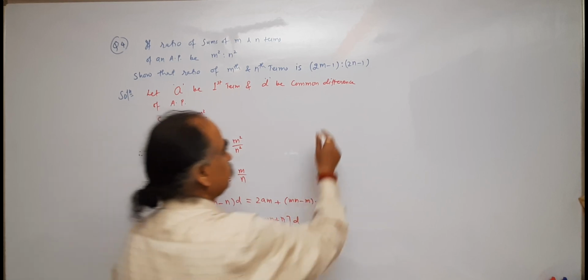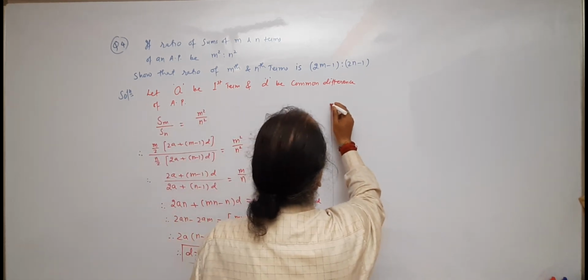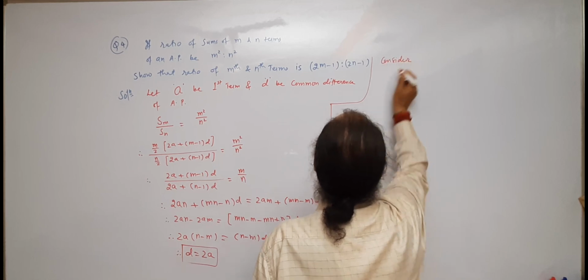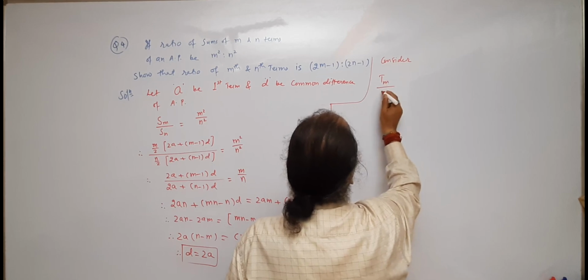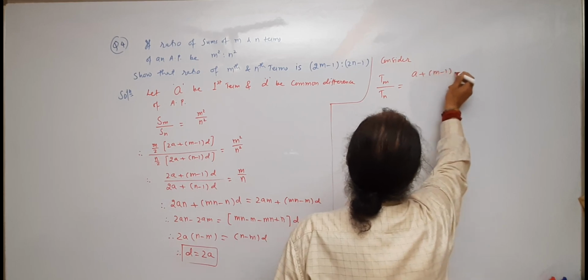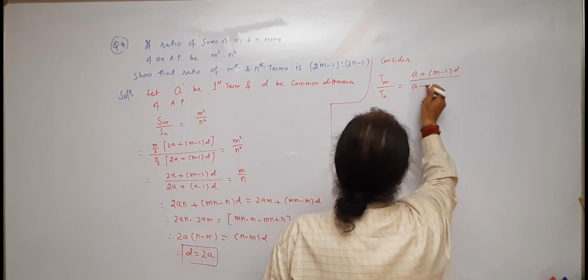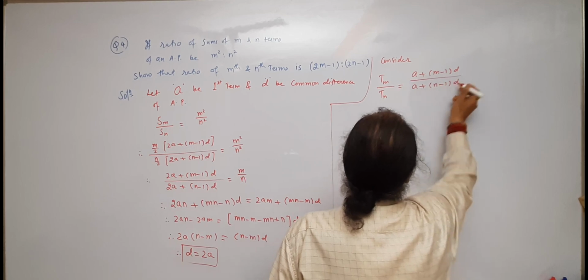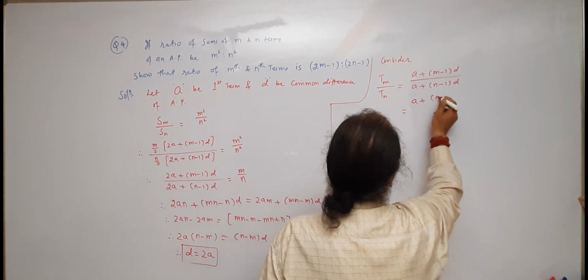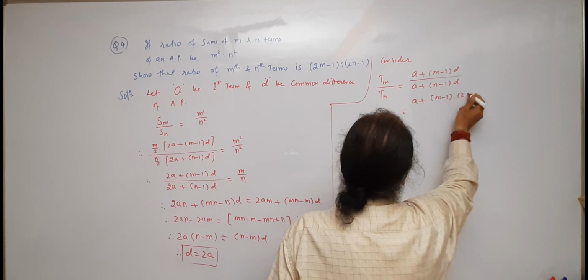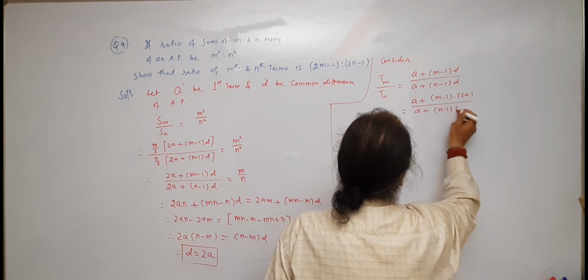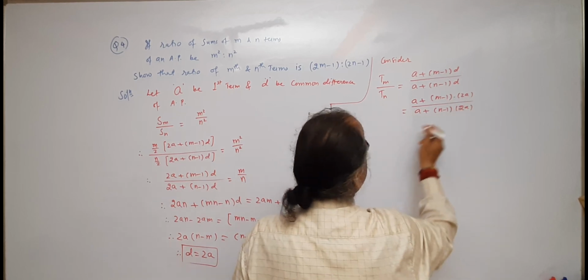Now we want the ratio of, consider Tm upon Tn. Tm by formula is what? A plus m minus 1 into d, a plus n minus 1 into d. D is replaced by 2a. A plus m minus 1 into 2a divided by a plus n minus 1 into 2a. A common cancels.